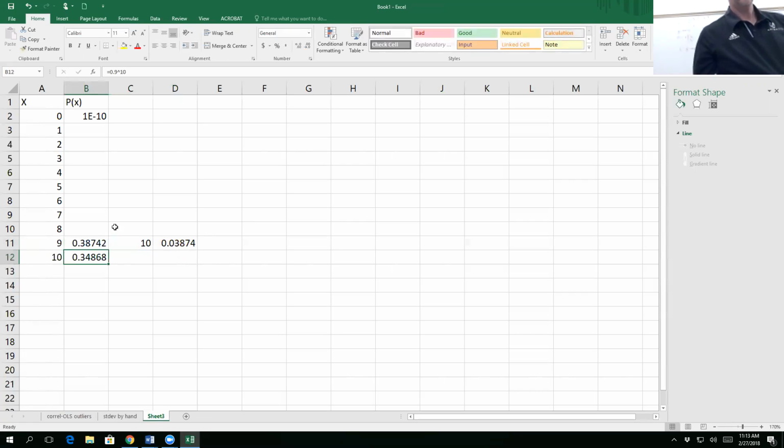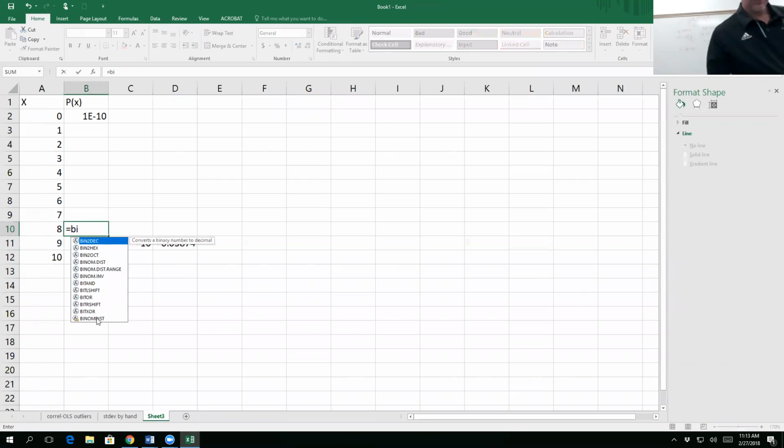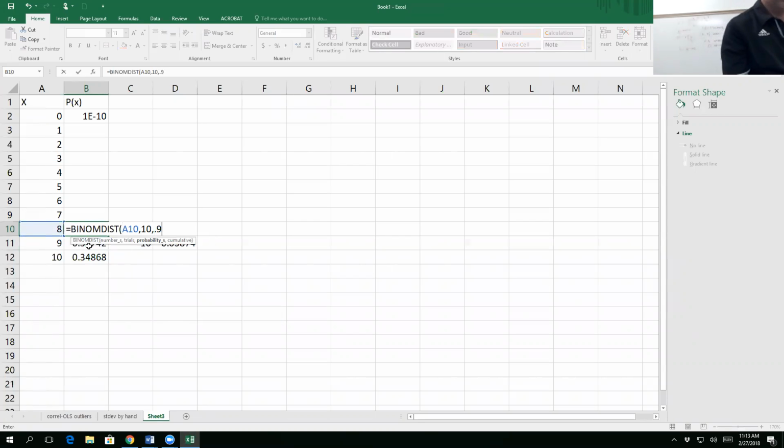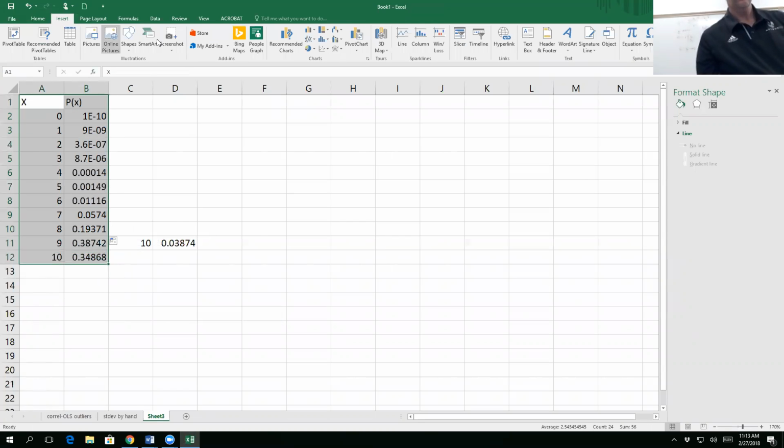Now, we're out of time, but let me just say this. There's a really cool command called binomdist that will answer all these for you. So the number of successes, I'm going to say 8, number of trials 10, probability of success 0.9, and false. I'm not going to explain this to you, but what I'm trying to say here is, if I do this for everybody, I could actually create a histogram.